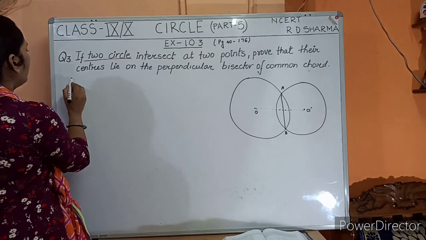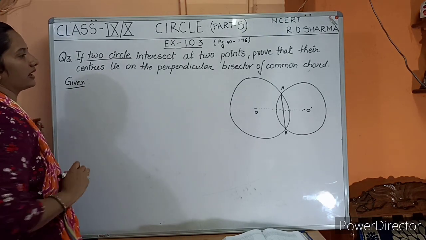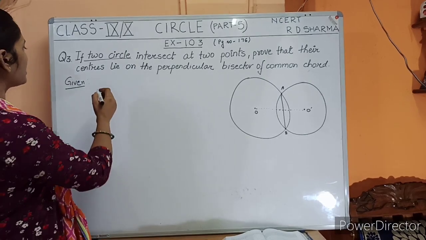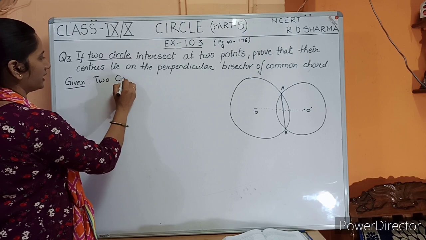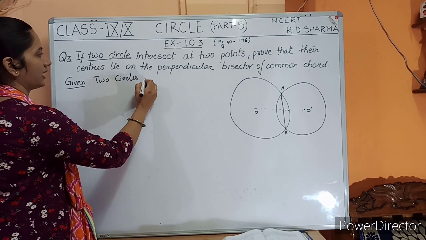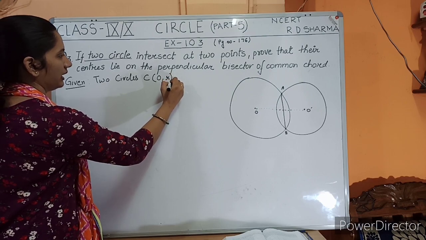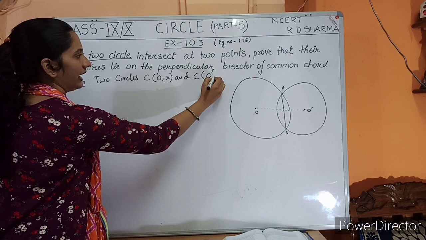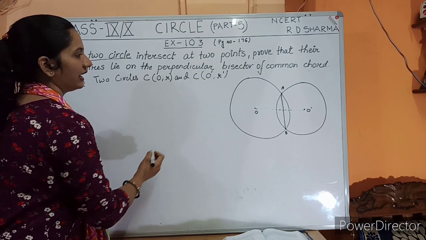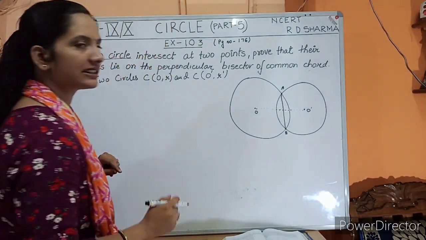So children, here in the given, let us see what to write. What are the things given here? The given is two circles. Let us suppose two circles C, O, R and C, O dash, R dash. Here R is the radius of the first circle, R dash is the radius of the second circle.